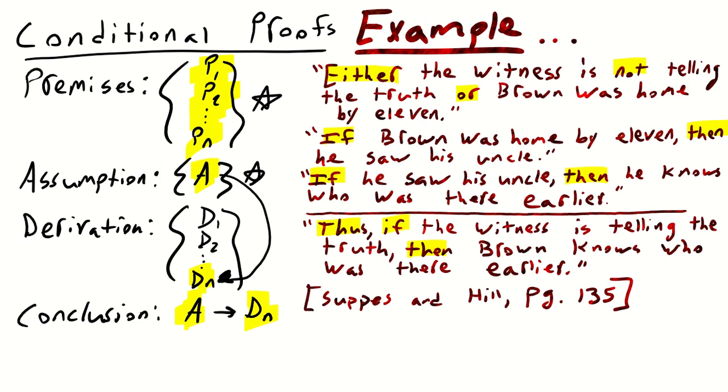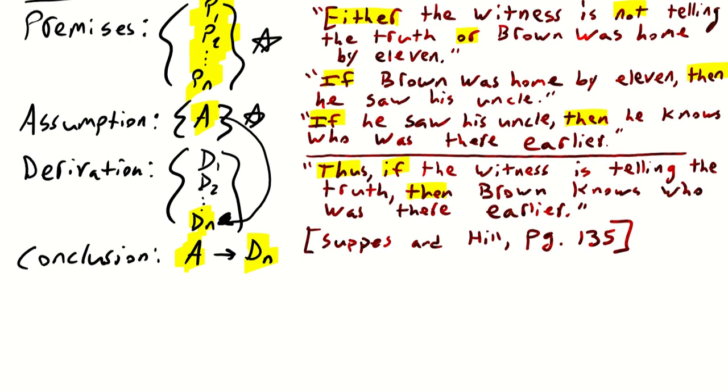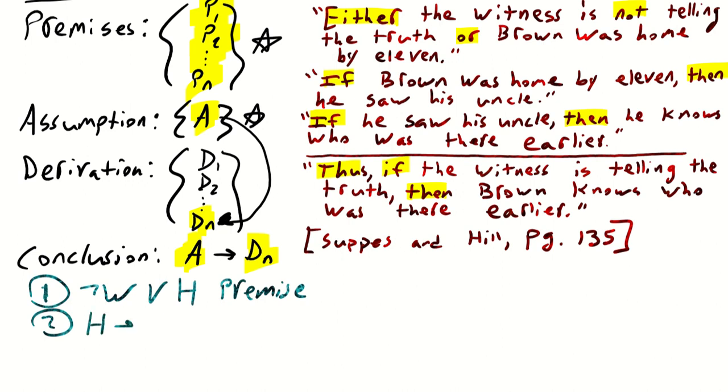So we're going to do a conditional proof with this. So we'll start out, of course, with our first premise. So premise 1. Either the witness is not telling the truth, so we'll say not W, or Brown was home by 11, or H. So this is a premise. Premise 2, if Brown was home by 11, then he saw his uncle, so if H, then S, premise.